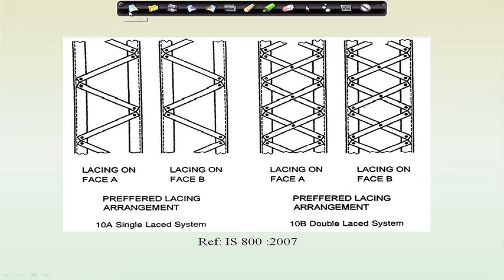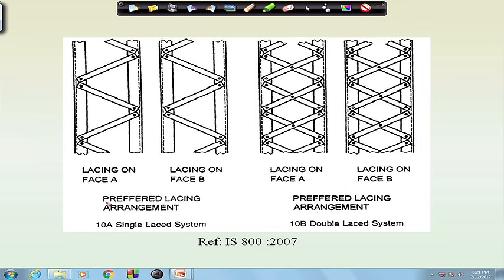We can see here the preferred lacing arrangement, lacing on face A and lacing on face B has been made. So, one is the shadow of the other, and this is given in IS 800:2007, figure number 10A. And in figure 10B, for the double lacing system, how the preferred lacing arrangement should be has also been mentioned here.